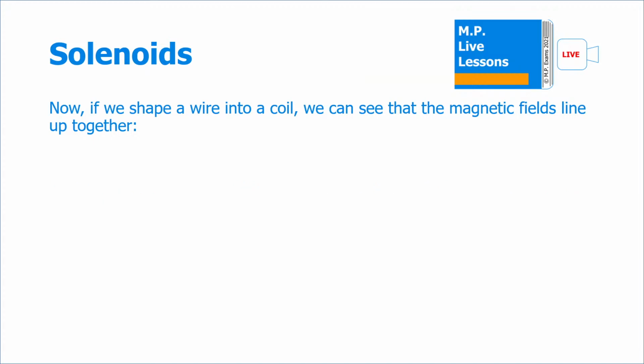So a solenoid, or a coil, looks a bit like this, like a little spring. Let's say the current is heading in this direction.